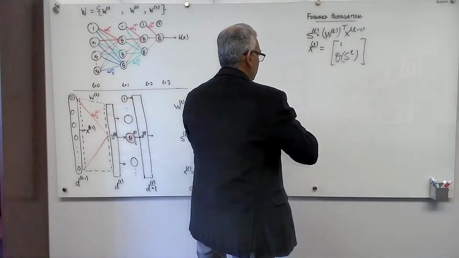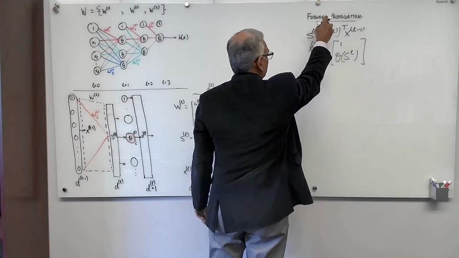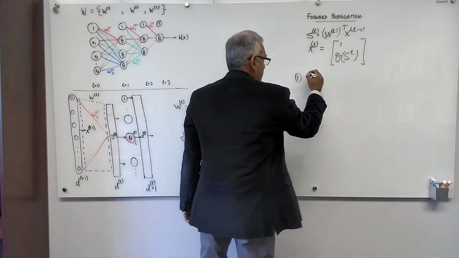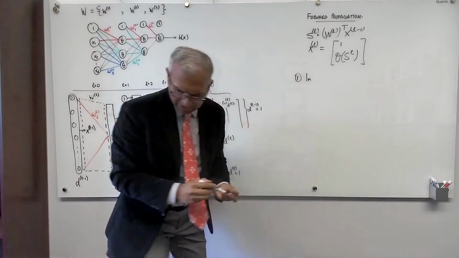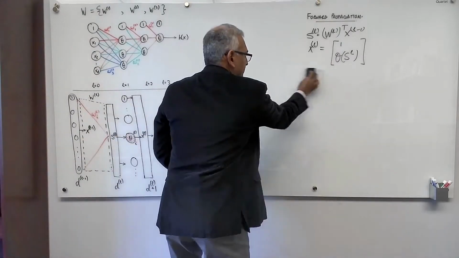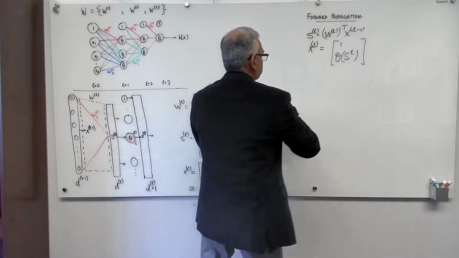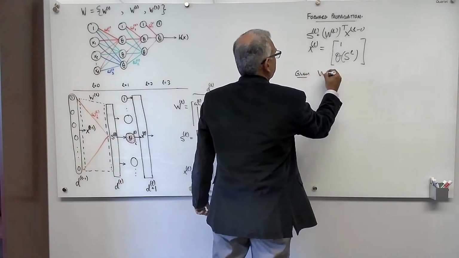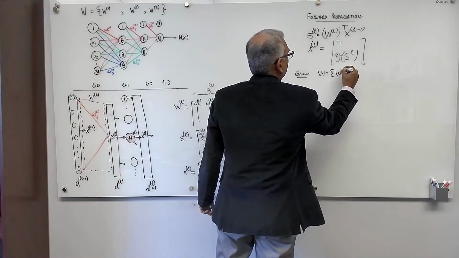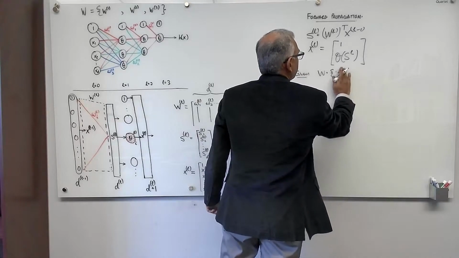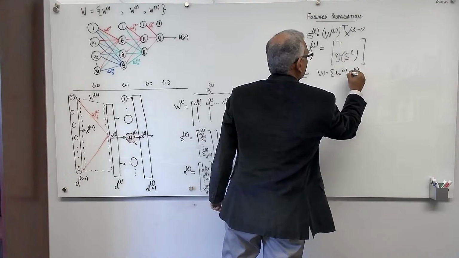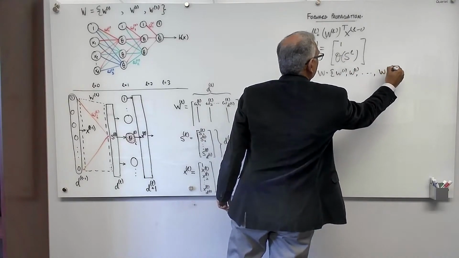So the forward propagation algorithm in step 1 is to initialize. Let me just tell you what we are computing. Given the weights W1, W2, and so on, up to WL.